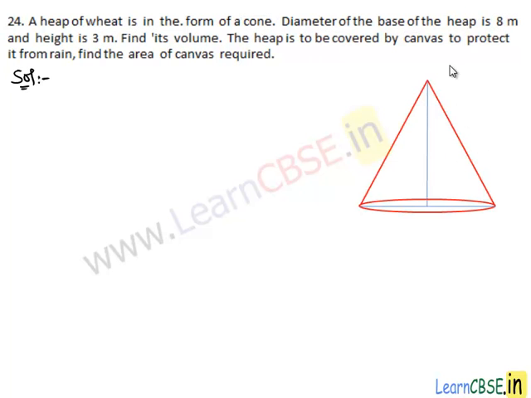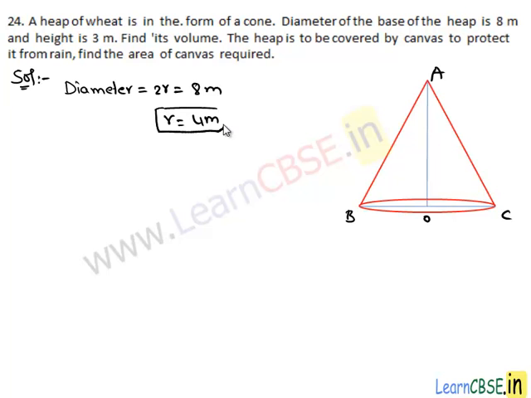Here we take cone ABC. Let the center of the base circle be O, and we are given the diameter, that is 2 times the radius of the base circle, which is 8 meters, so the radius is 4 meters, and the height of the cone is 3 meters.